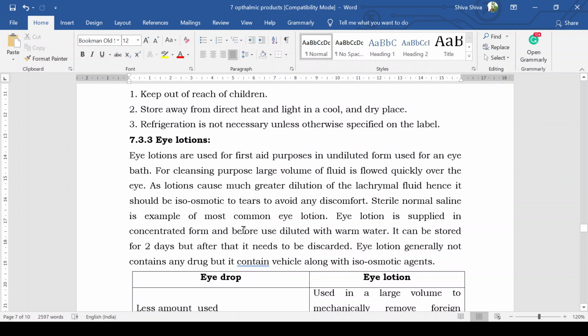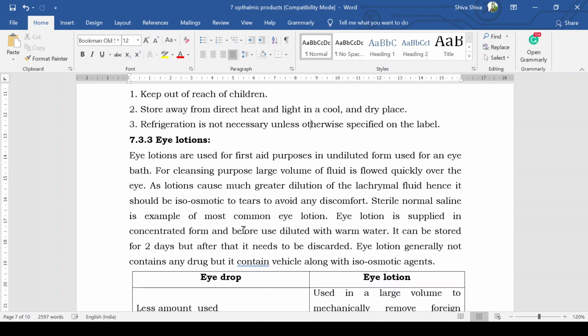So the basic purpose behind eye lotion formulation is that these eye lotions are generally used for washing of the eye. If any kind of injury occurs to the eye, if any kind of irritant goes into the eye, if any kind of liquid which is harmful for the eye goes inside, at that time washing of the eye is recommended, and for the washing of the eyes, eye lotions are generally prescribed.